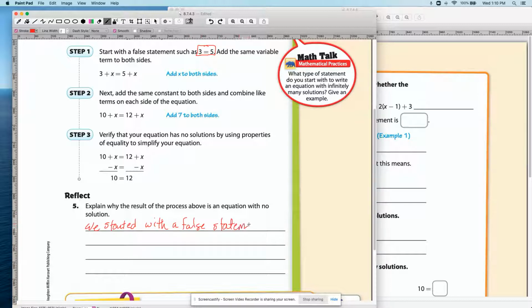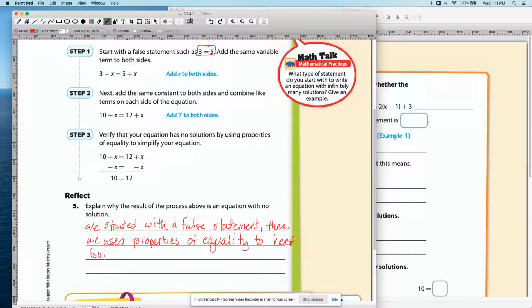and then we used properties of equality to keep both sides the same.